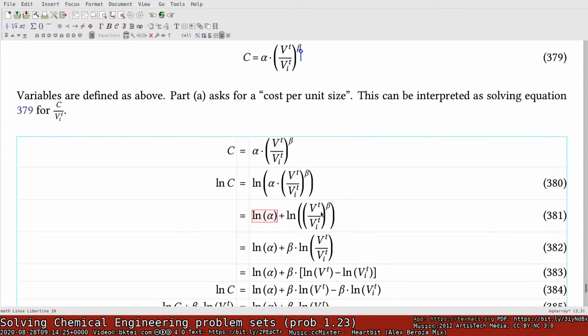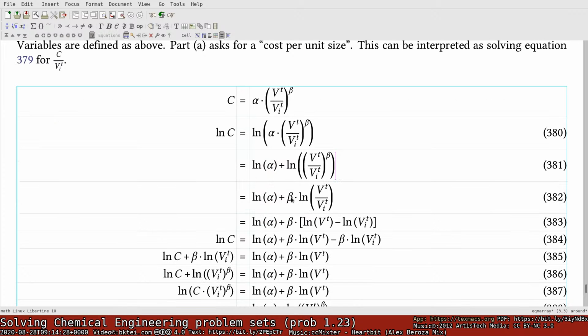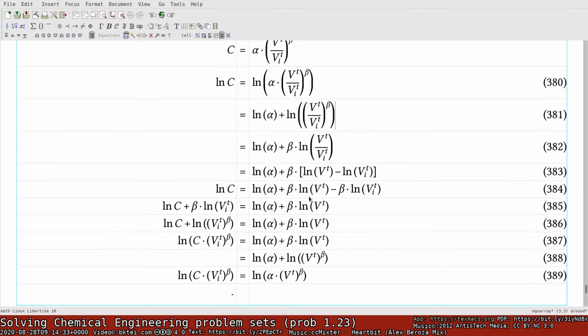Okay, split the logarithm into those two components. Then we take the beta out of the logarithm. We split the logarithm further, V_T minus V sub I. Okay. Then we distribute beta across these two terms. Then we add this term so that it appears on the left side. So we've got this and this on the same side.